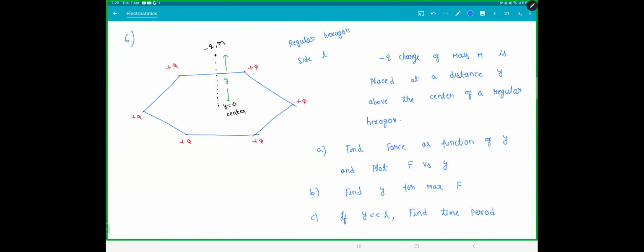kq square. Naresh, Anna, that is only due to one charge, isn't it? We forgot there are 6 charges. Surya, getting this? Try.